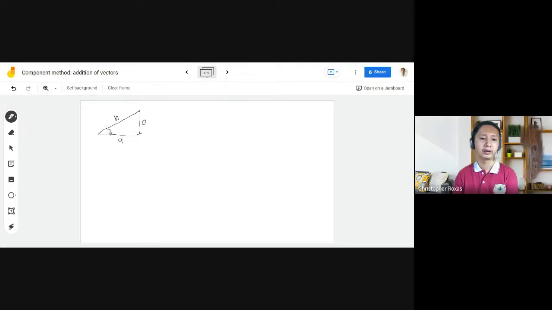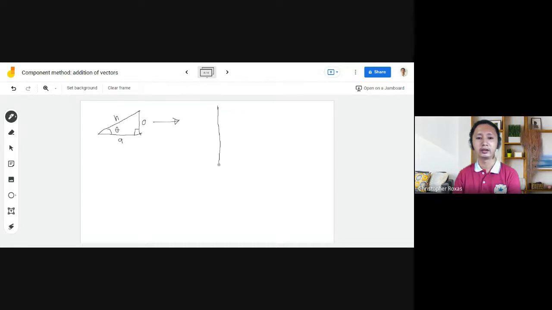And this is our angle theta. Okay? So in the component method, like I said before, we consider a vector as the hypotenuse. And therefore, if the vector is the hypotenuse, it has two legs. Okay? Bakit tinawag na component method? Kasi yung dalawang leg ay magiging horizontal and vertical components or x component and y component. Okay? So let's say we have a vector v.